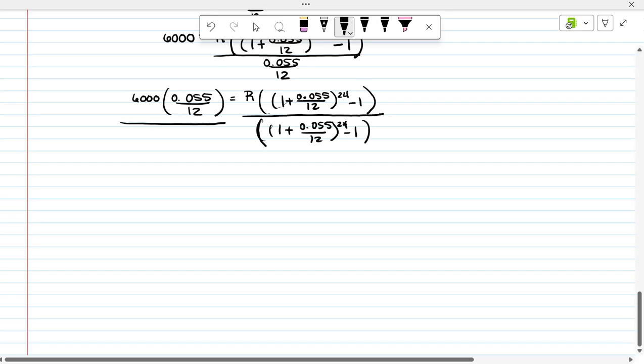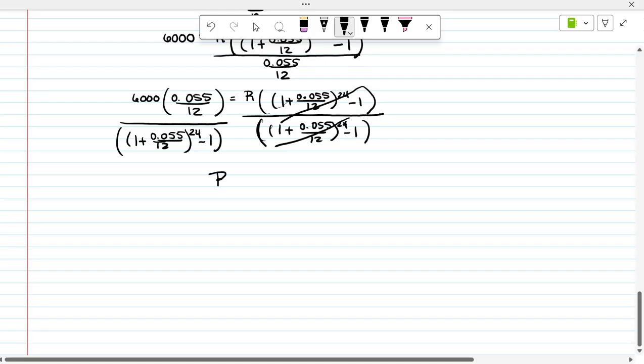That looks awful, doesn't it? It's not that bad, though. You're going to put it all in the calculator at one time, and life's going to be grand. That's 12. I can make it 12, all to the 24th minus 1. Okay. So here's what I have.